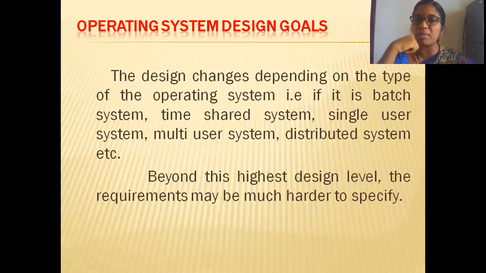The operating system can be a batch system, a time shared system, or a single user system, where only one process comes for execution at a time. Multi-user means a single processor with multiple persons using it. Distributed system means multiple processors working for multiple people.